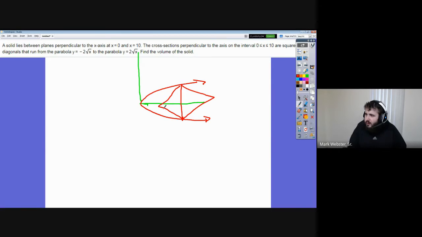So we're going to have to figure out the length of the side. So the diagonal, and we can just draw a picture, right? The diagonal here is from -2 radical x to 2 radical x. So this one has a length of 4 radical x. And then this is a square diagonal to the side, a 45, 45, 90 triangle, right?